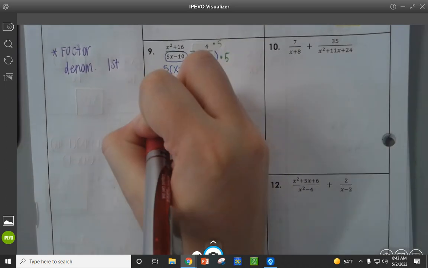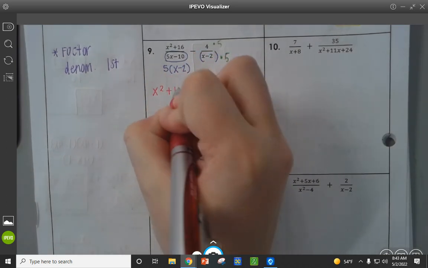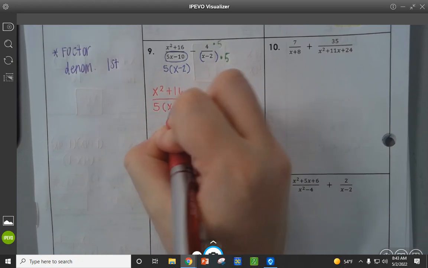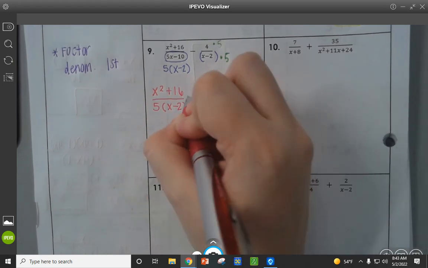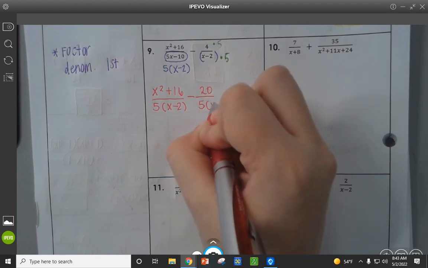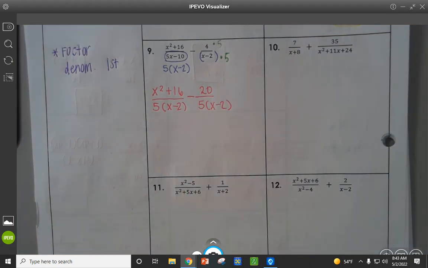So then we get x squared plus 16 over 5 times x minus 2 minus 20 over 5 times x minus 2.